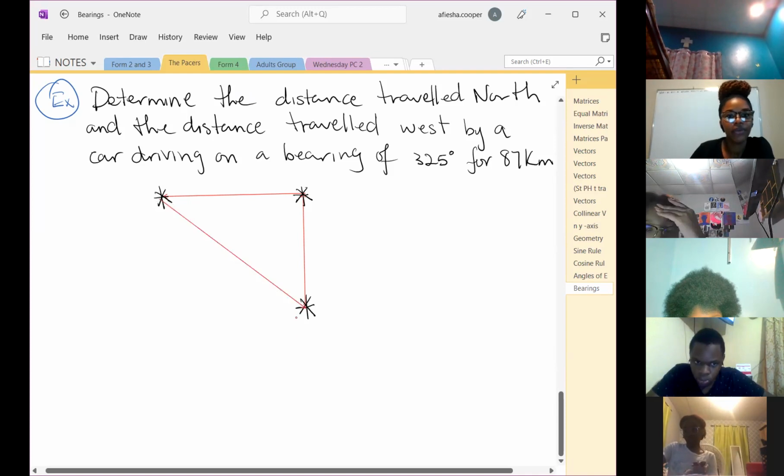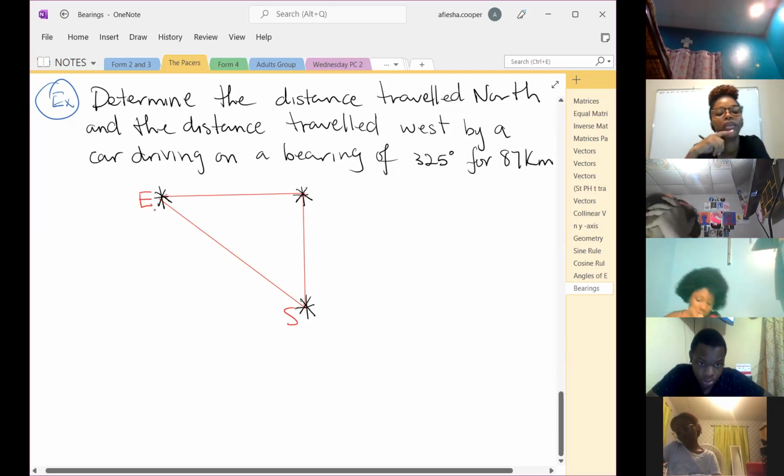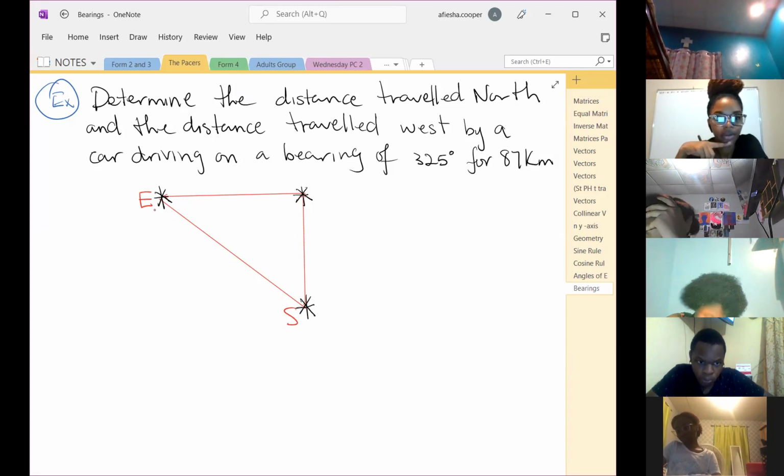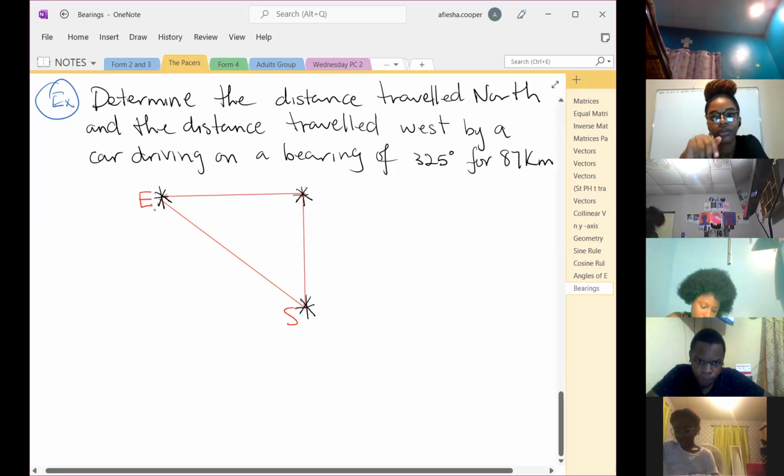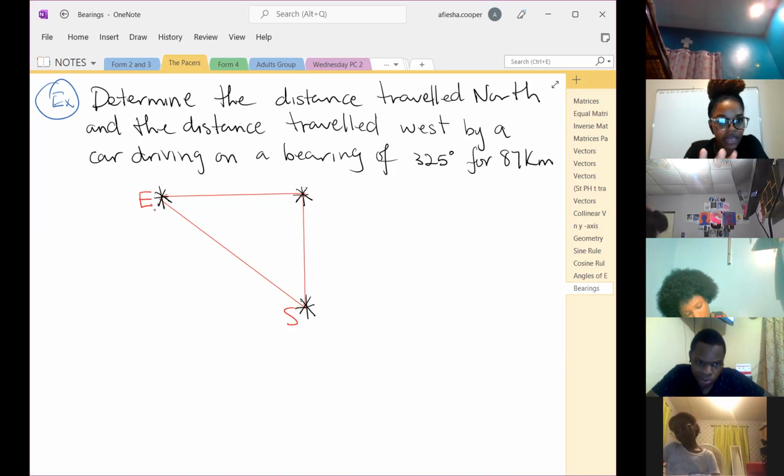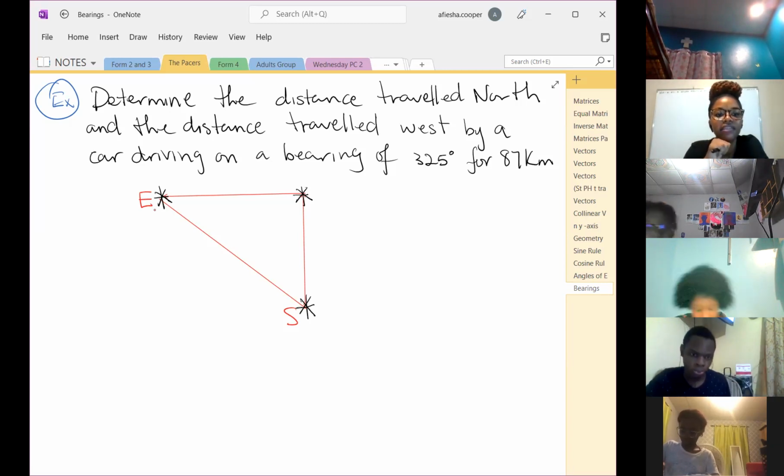All right, so I am going to just call it S and E. Where my bearing will be now, from where to where? So they said the bearing of a car, 325 degrees.